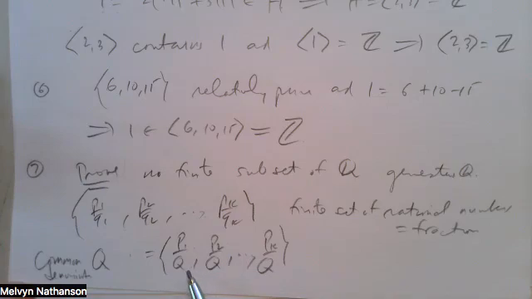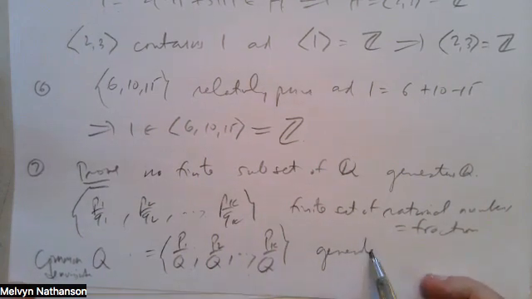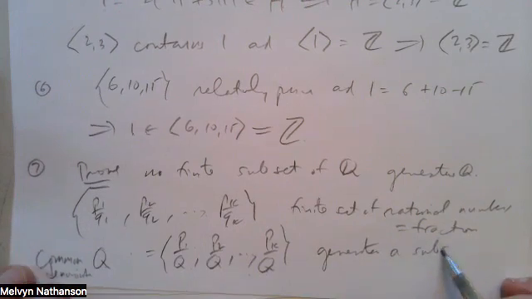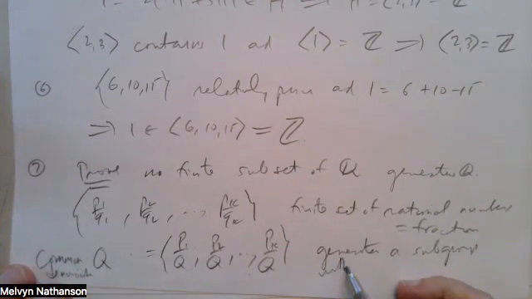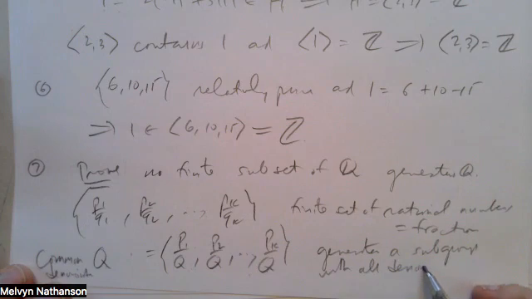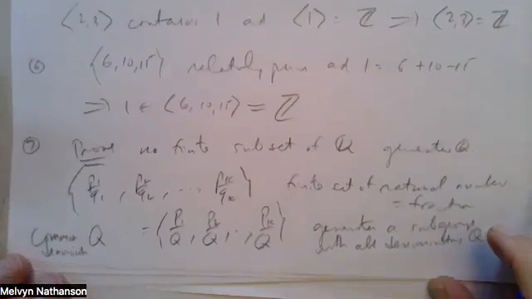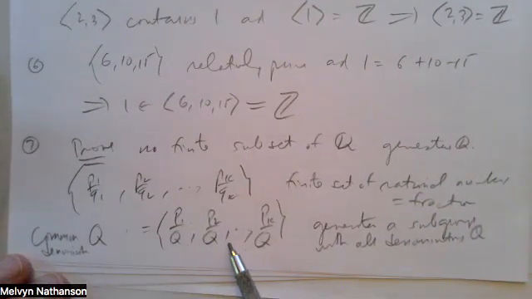But if you take fractions all with the same denominator Q, you add them, you're going to get another fraction with the same denominator. And when you subtract them, you're going to get another fraction with the same denominator. So this generates a subgroup with all denominators Q, because you get the subgroup they generate by just adding and subtracting these numbers.